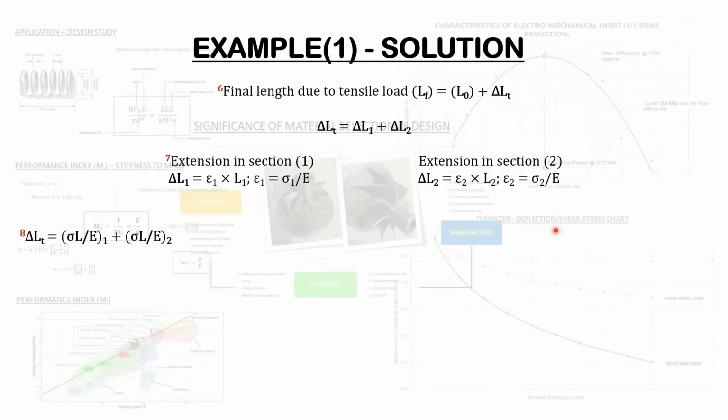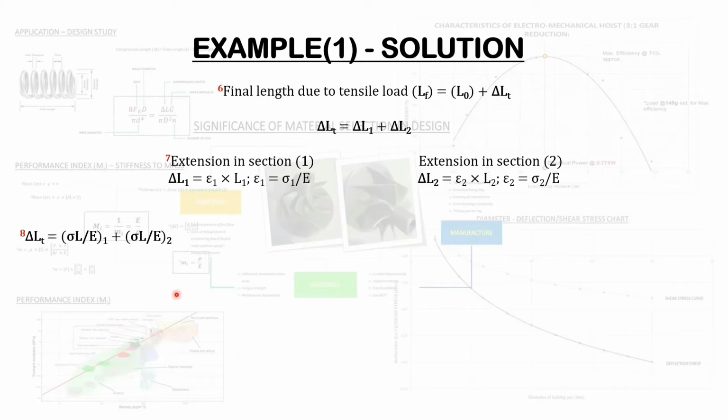So this is more or less a choice. You can either use this concept to predict what the strain is and individually calculate the extension in both sections, then add the two to work out what the final length is. Alternatively, we can use this information to establish an equation.